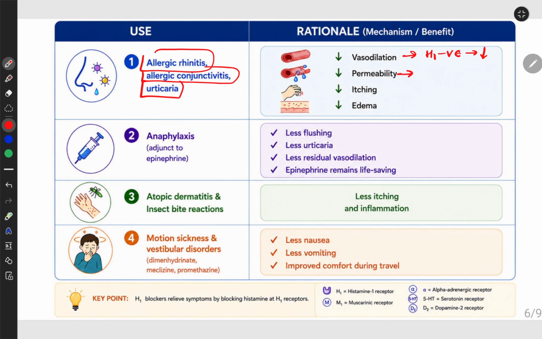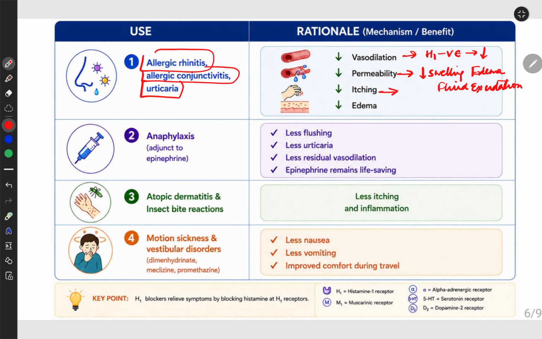They also reduce the vascular permeability and thereby decrease the swelling, edema, or fluid exudation commonly seen and a common cause of running nose, for example, in allergic conditions.